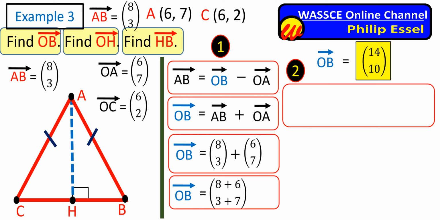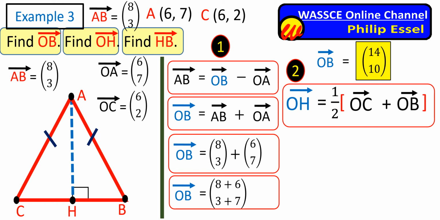So what this means is that we have to use this formula, which states that the position vector OH equals half of bracket position vector OC plus the position vector OB, bracket closed. So that's the formula we would have to use.